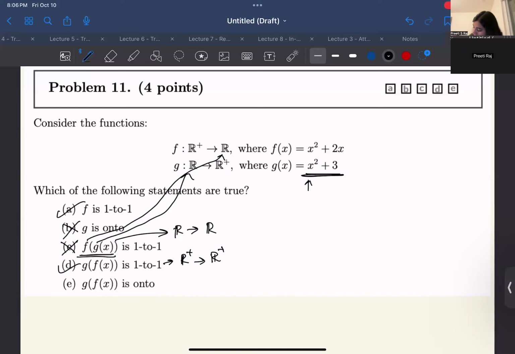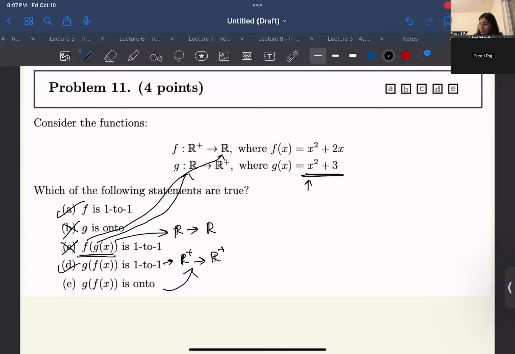Okay, now is g of f of x onto? For g of f of x to be onto, again, this function goes from R plus to R plus, which means the same issue that we discussed above still holds.